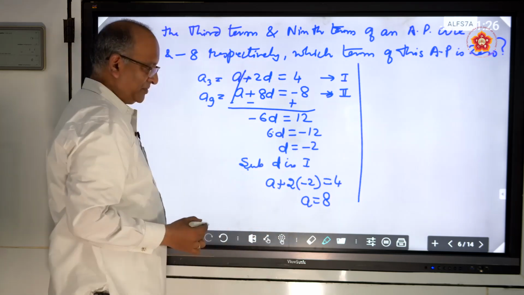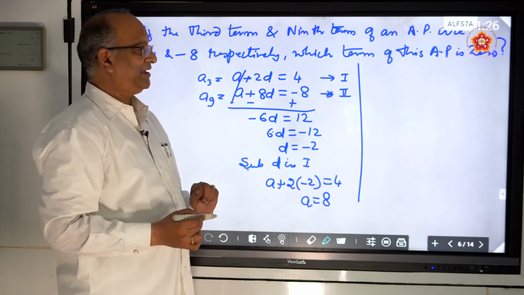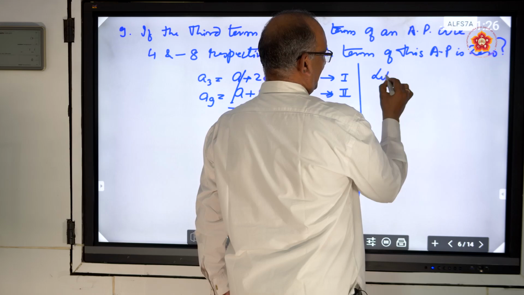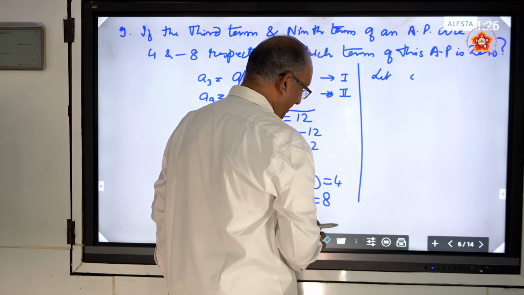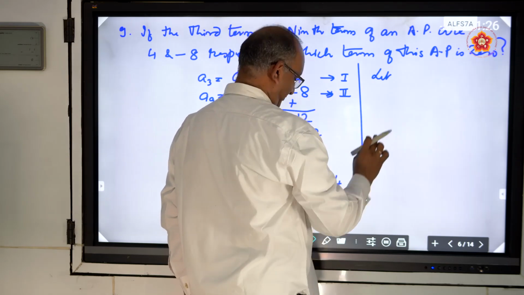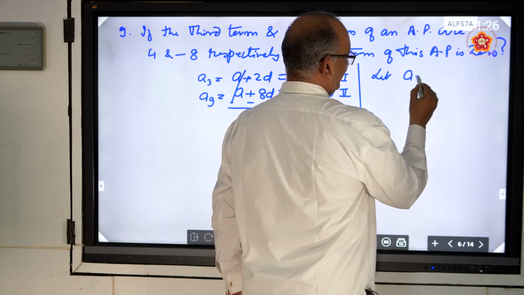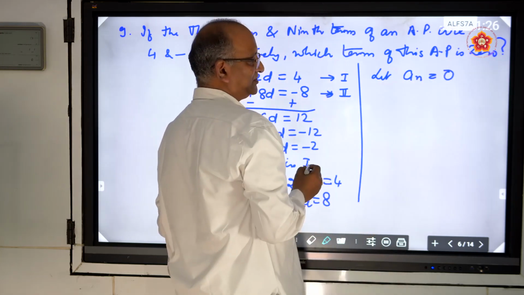Now observe, we know the value of d, we know the value of a, and he asked us to find out the number of terms, so let an equal to 0. We are assuming that the nth term is 0.